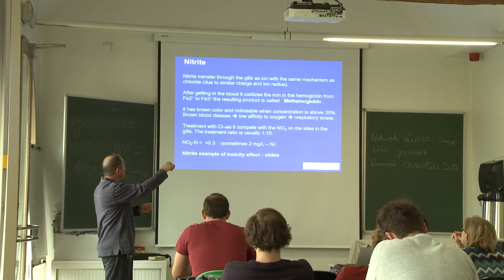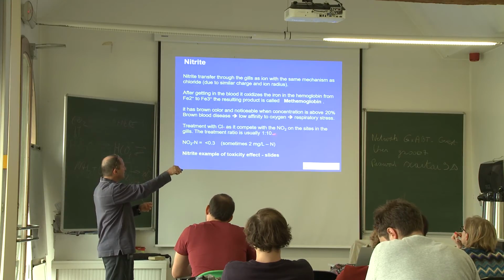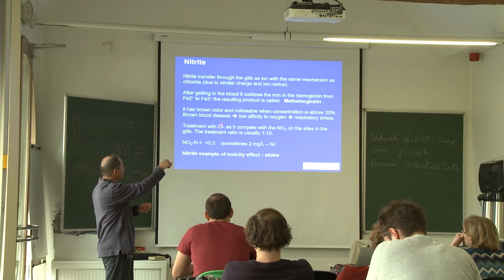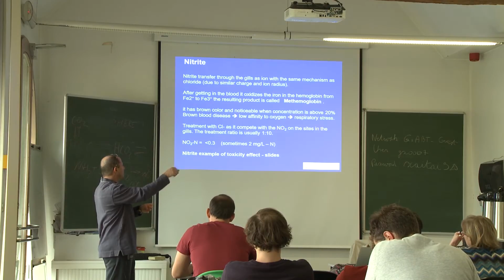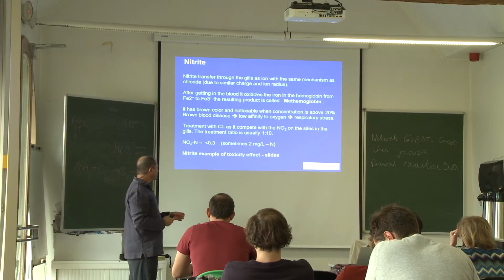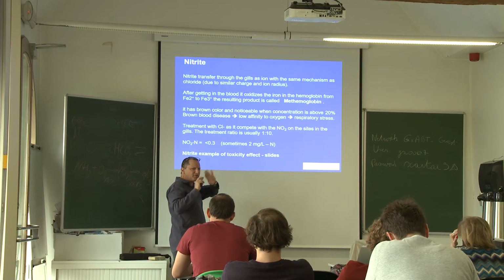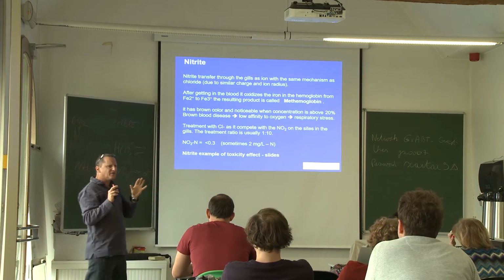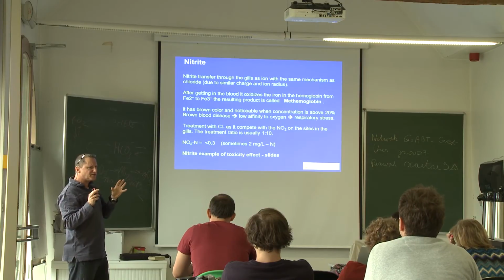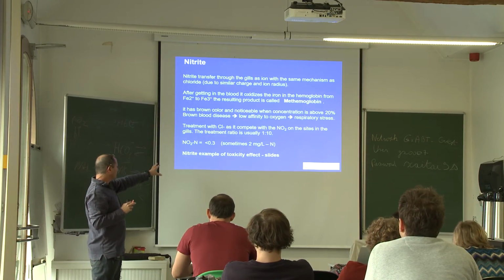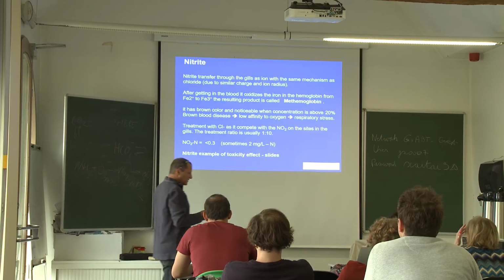So if you put enough chlorides at a 1:10 ratio, 10 times more chlorides, then the toxicity of NO2 is reduced, but still anywhere between 0.3 to 2 milligrams per liter are considered to be safe limits for NO2 concentration in the water, and not much more than that.